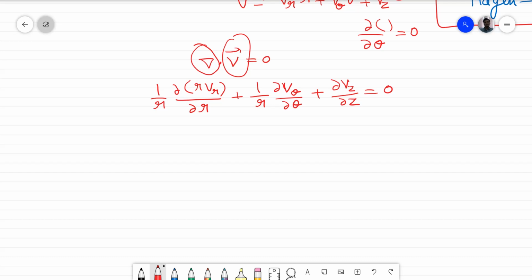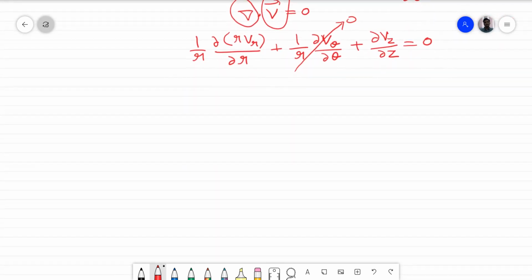Now, according to this assumption that nothing changes in the theta direction and that velocity in the theta direction is also 0, we can neglect this term here. This goes to 0.